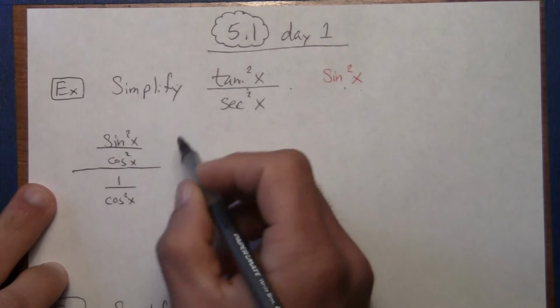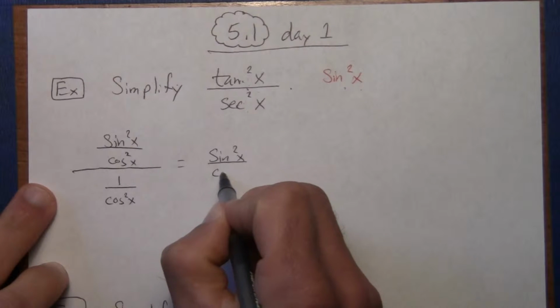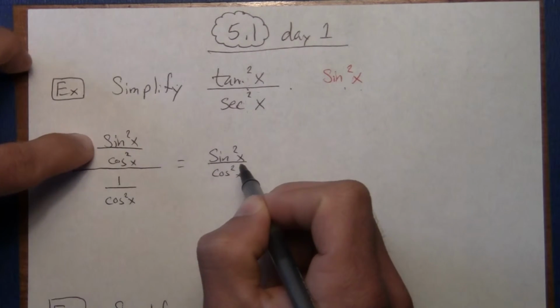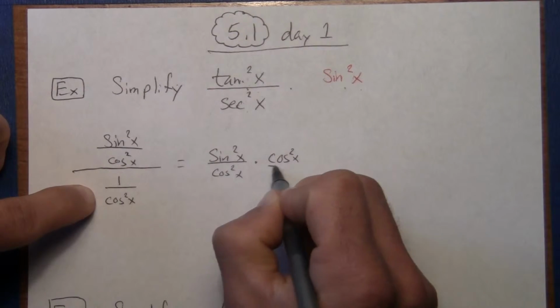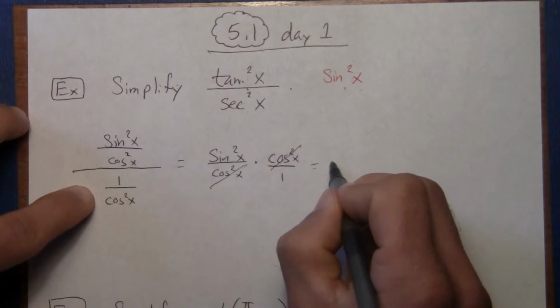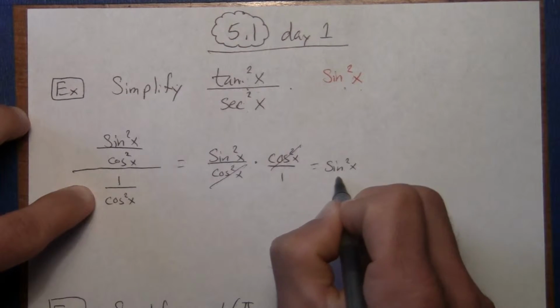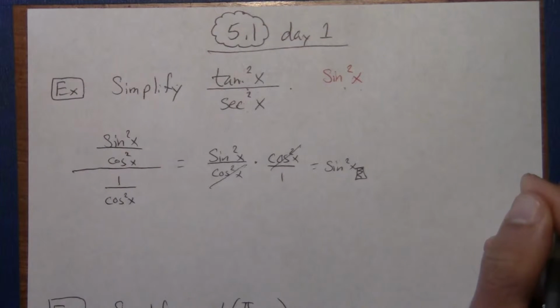And now I have a complex fraction, so I can multiply by the reciprocal. So I have sine squared over cosine squared. Multiply by the reciprocal, that means the cosine squared is going to the numerator. The 1 goes to the denominator. And of course now I can see these things cancel, and sure enough that is going to simplify into the sine of x squared. And so I got my answer.